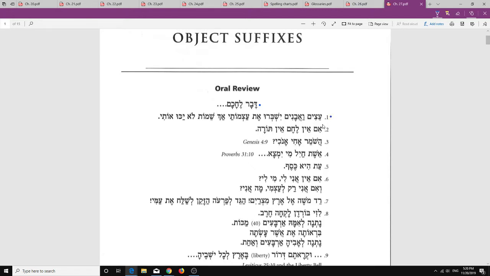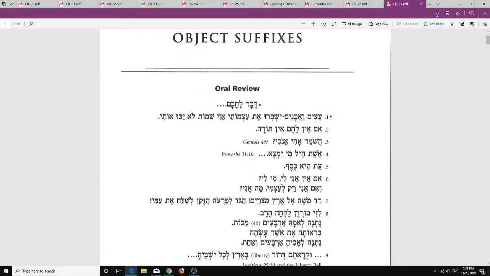Starting over here on exercise 1, we have etzim va avenim yishvaru et atzmotai ak shemot lo yaku oti. And this is wood, plural, so maybe we could say sticks, kind of looking ahead, sticks and stones, yishvaru.